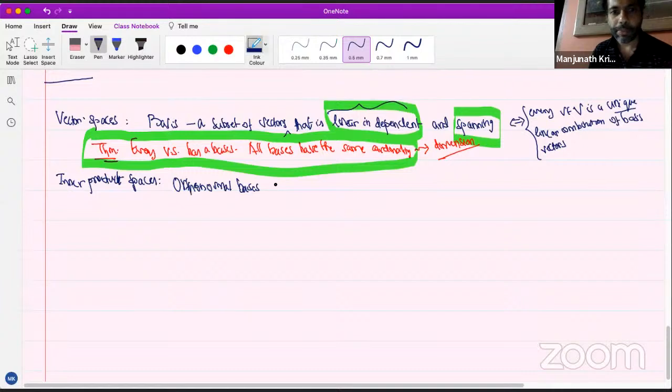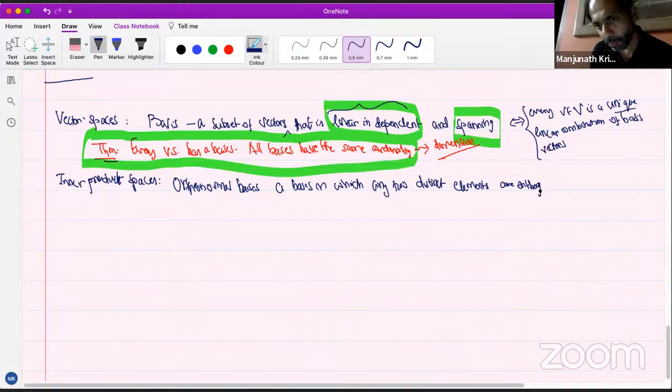So it is a basis in which any two distinct elements are orthogonal. Orthogonal means the inner product is zero. Two vectors are orthogonal if the inner product is zero. And again, the theorem says that they exist.